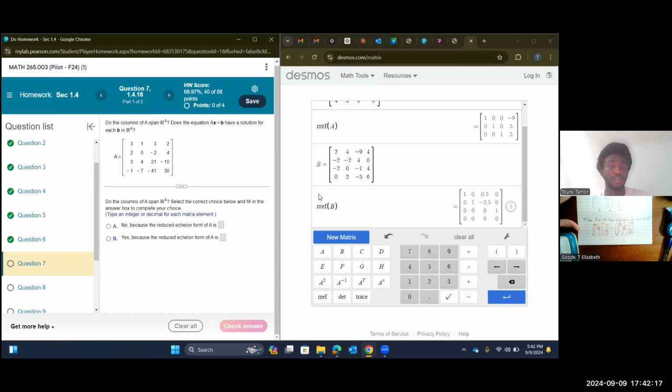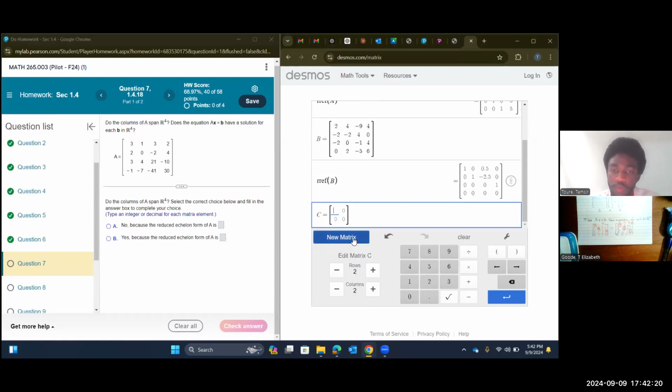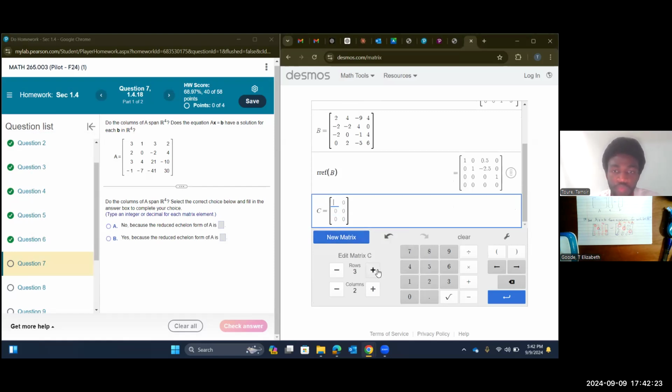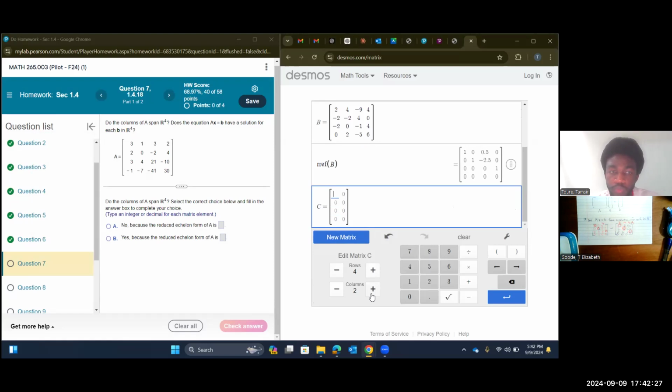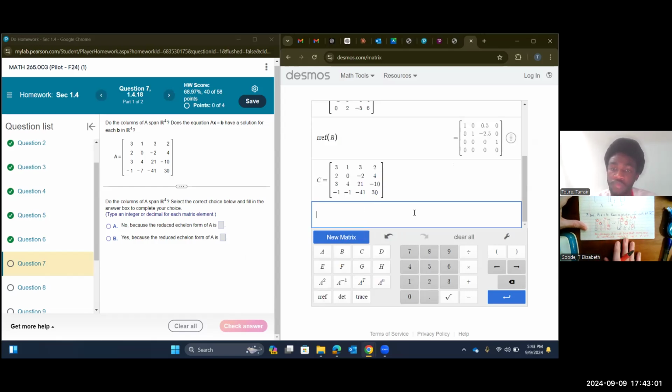Columns of A span R4. So it's false. It is not true that every row of the coefficient matrix A has a pivot.